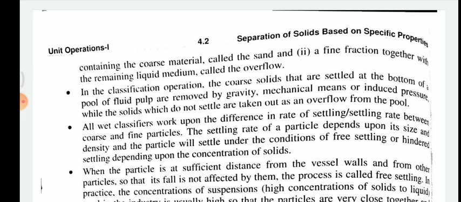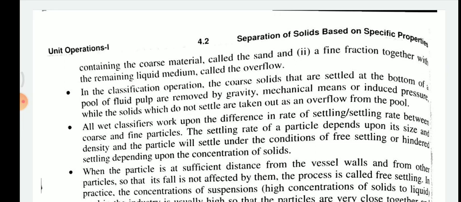In the classification operation, the coarse solids that settle at the bottom of the pool of fluid are removed by gravity, and by mechanical means or induced pressure, while the solids which do not settle are taken out as an overflow from the pool.